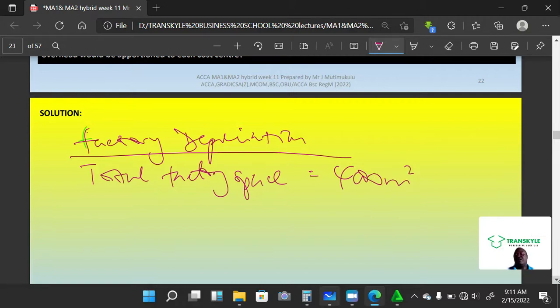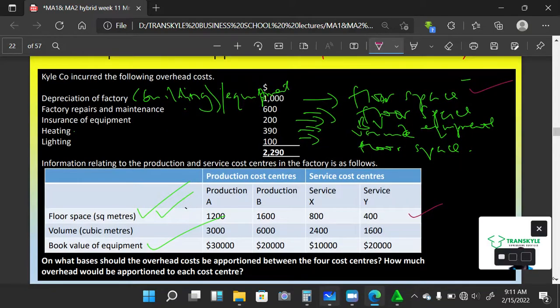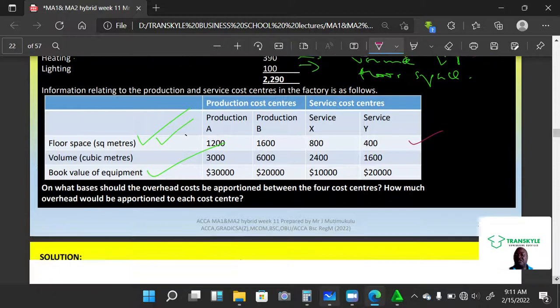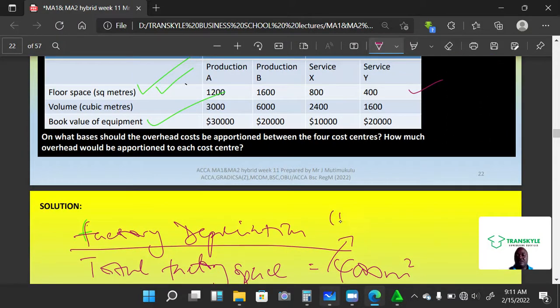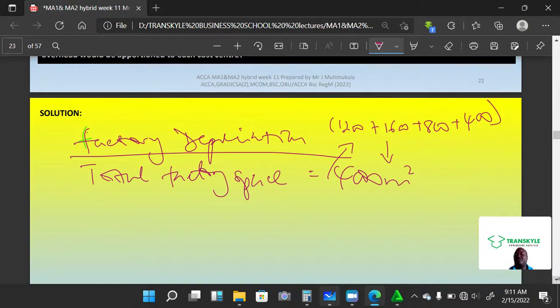In the exam it is encouraged that you write those numbers down so that you won't confuse yourself, because there won't be enough time. So that's 1,200 plus 1,600 plus 800 plus 800 plus 400 to give you 4,000 square meters, because it's very essential.